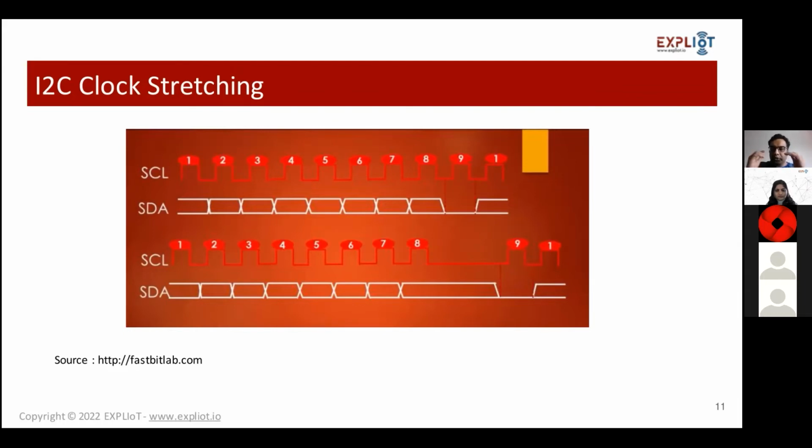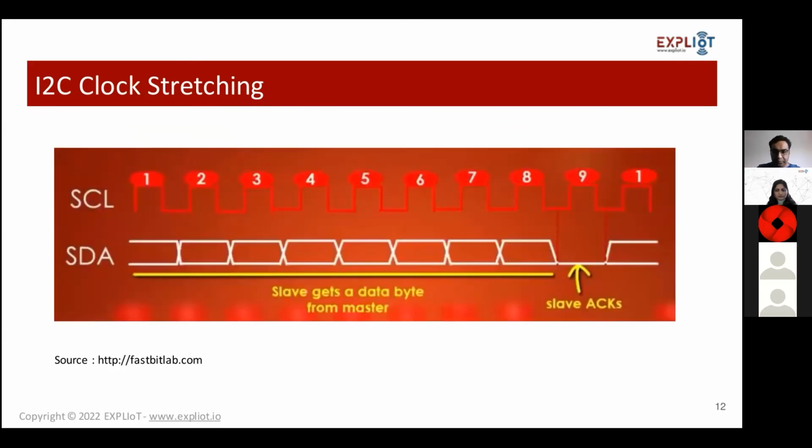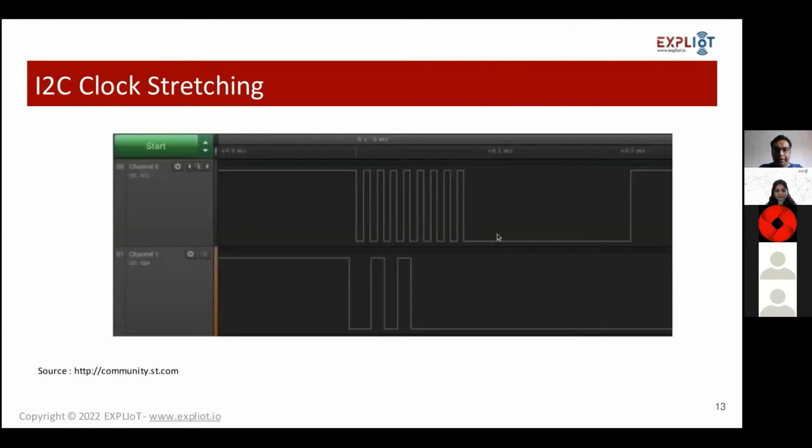That way, you are avoiding that NACK condition again and again. The reason being, if that NACK condition keeps happening, you are sending the same data again, which affects the performance of your system. So this is an important and critical feature of I2C. With this, a slave can send the ACK as well using that clock stretching.